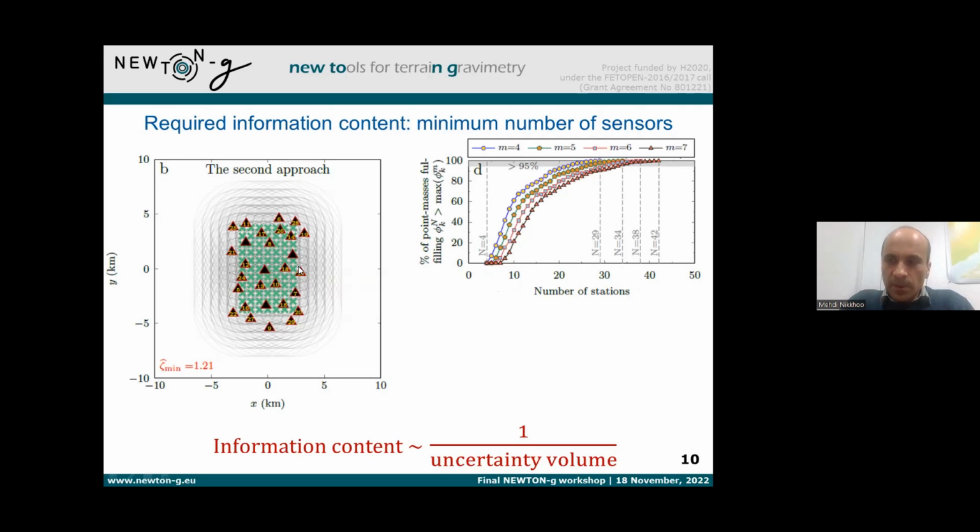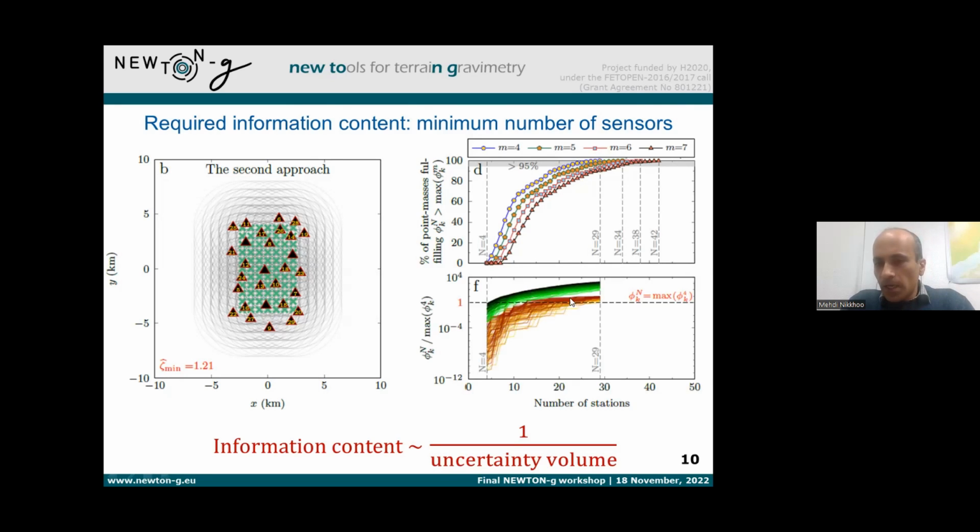In this case, we should consider that the optimization involves only one gravimeter at each step. Therefore, the optimizations are super fast in this case. And again, we see how the point masses are gaining more information in this scheme.